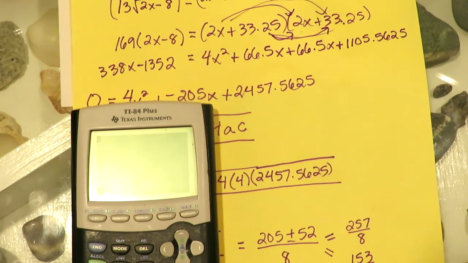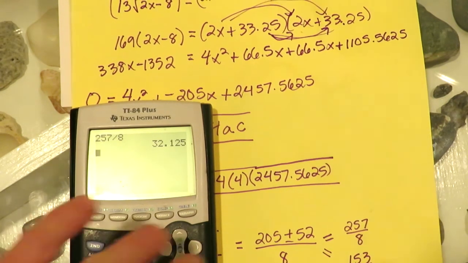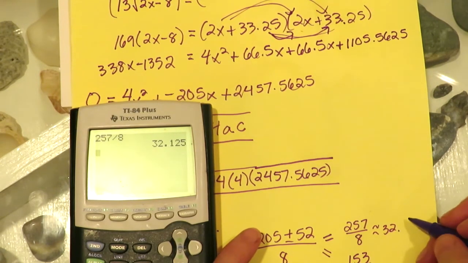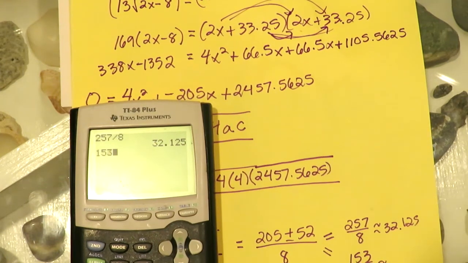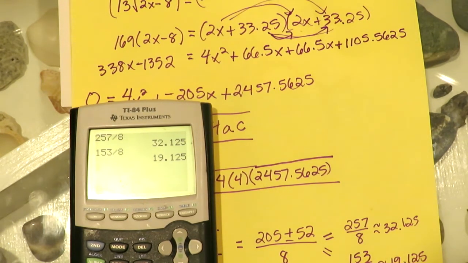If we wanted to approximate them, one is approximately 32.125 and the other one is 153 divided by 8, 19.125. Now we squared twice, okay?